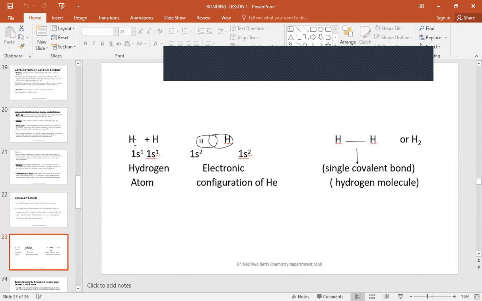The electron configuration for the first hydrogen is 1s and another one 1s, both orbitals having one electron each. When they combine, they form a stable configuration of 1s2, like helium, and the bond between them is a single covalent bond.